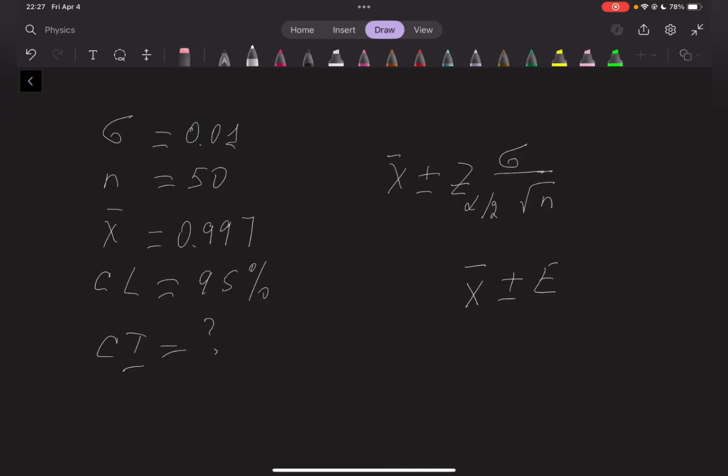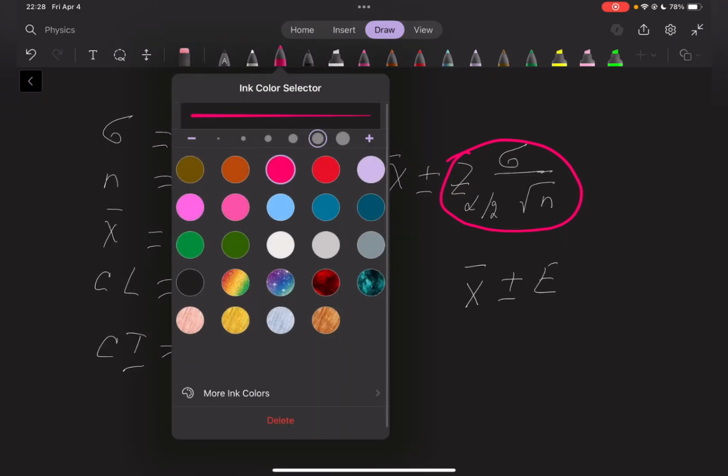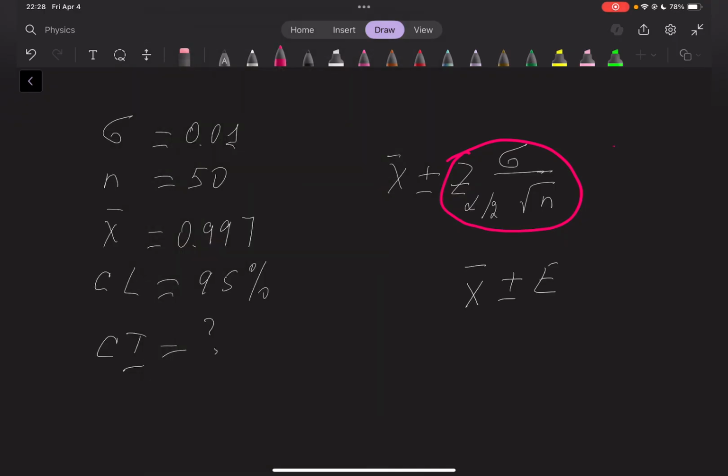So this piece is the margin of error, and this is our average. So we need to plug in the data and we will get a result. How are we going to do it?